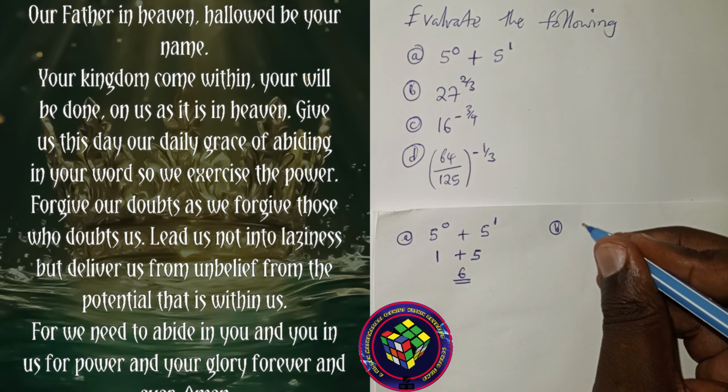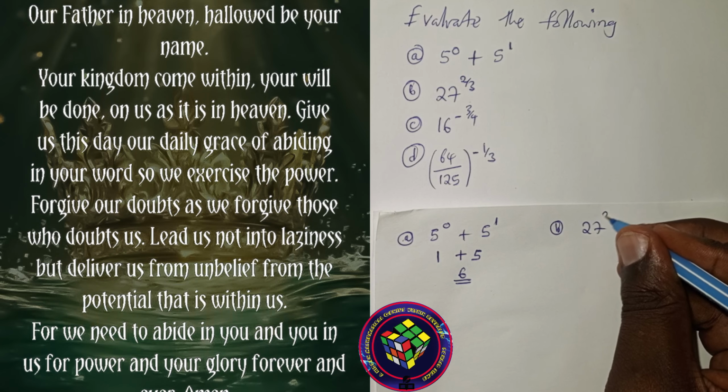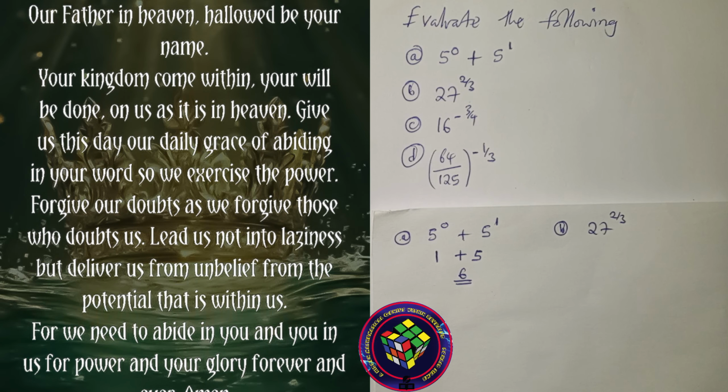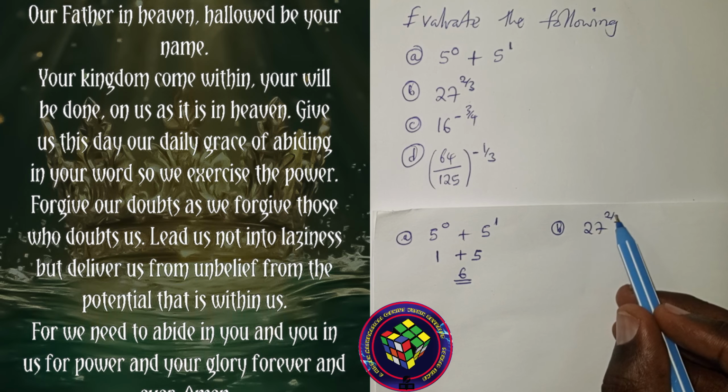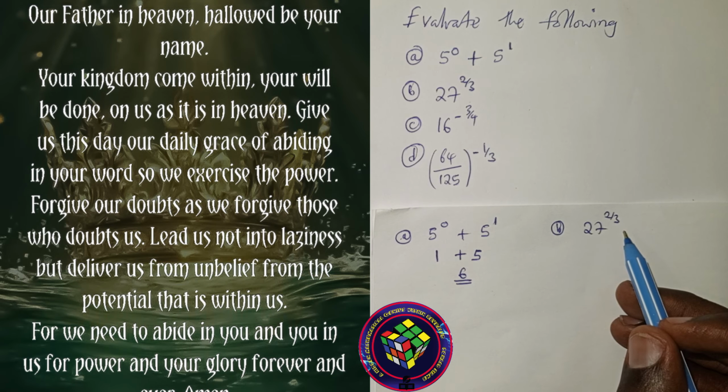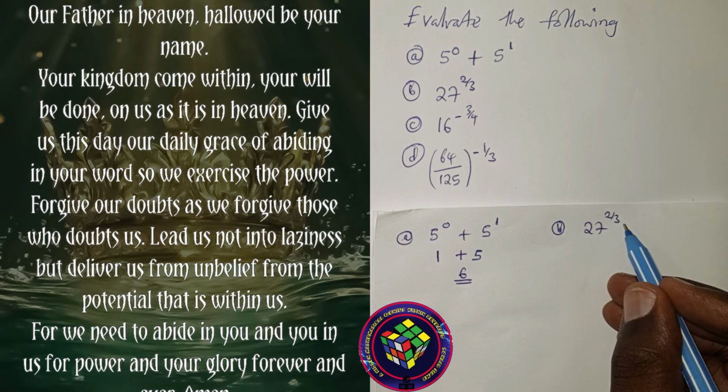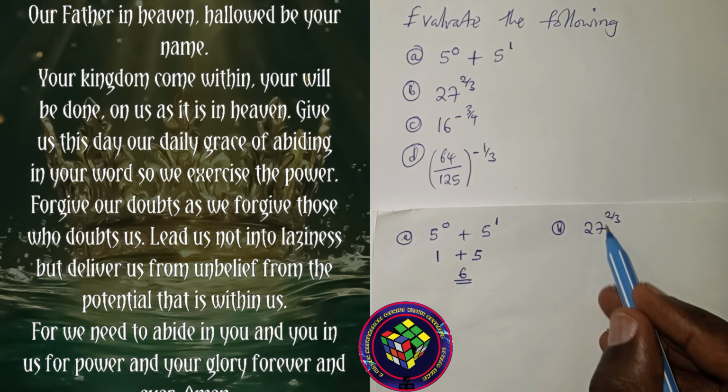So B, we have 27 to the power 2 over 3. Whenever you have a power of the fraction, always remember that the denominator is the root and the numerator is the power. So this 2 over 3, the 3 is the root.